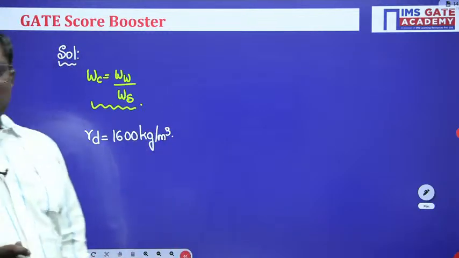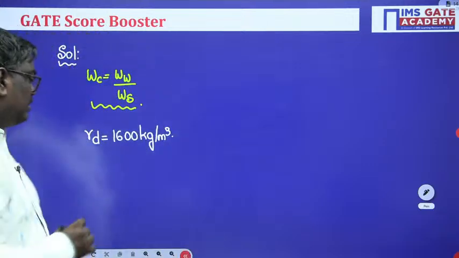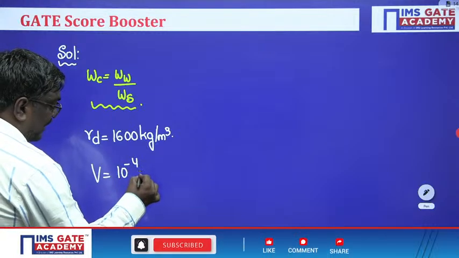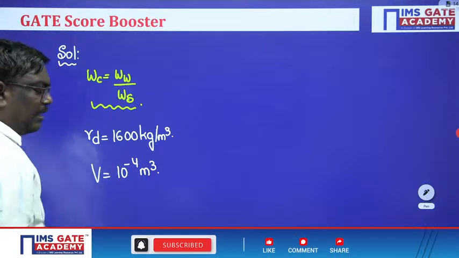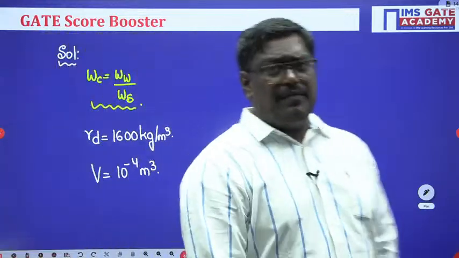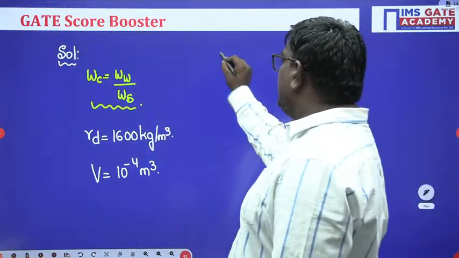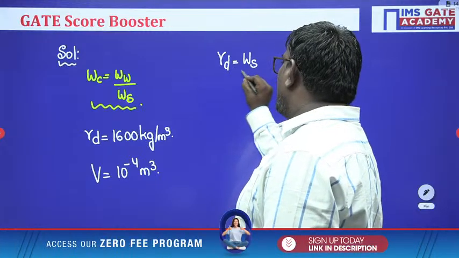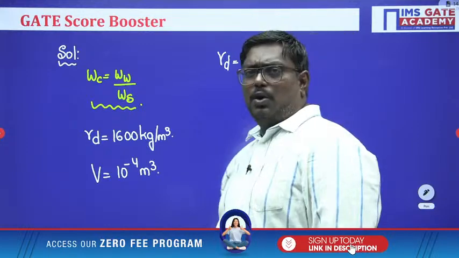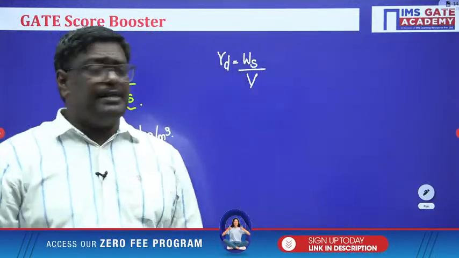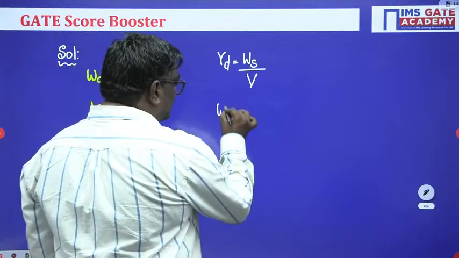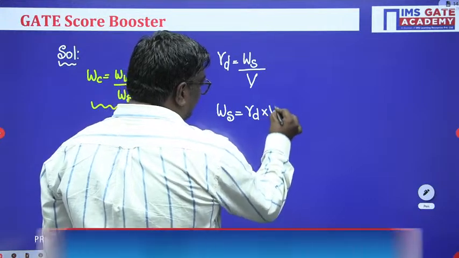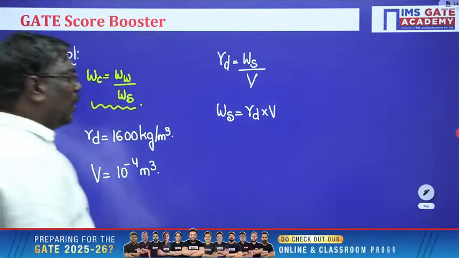What is the total volume given there? Total volume is 10 power minus 4 meter cube. Now, when you are solving this problem, we have dry unit weight equal to weight of solids upon total volume. So, the weight of solids is nothing but dry unit weight into volume. Yes or no, sir? So what is the dry unit weight here?